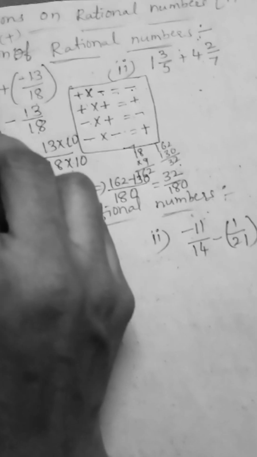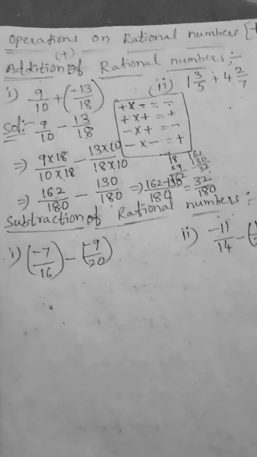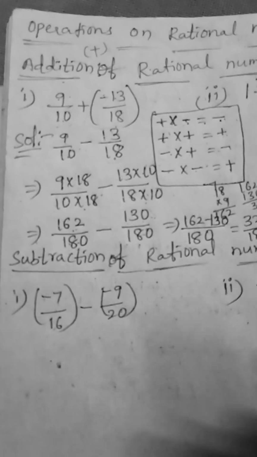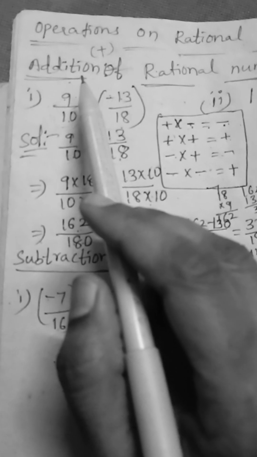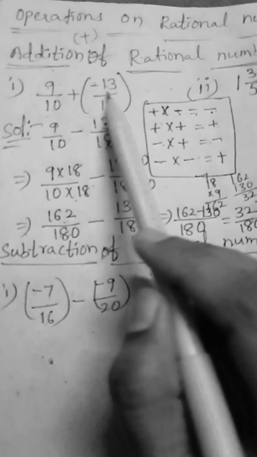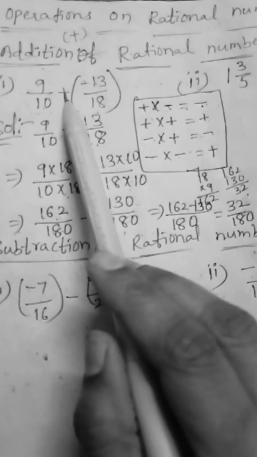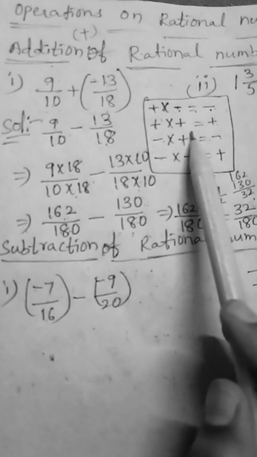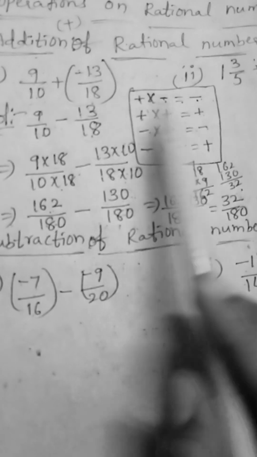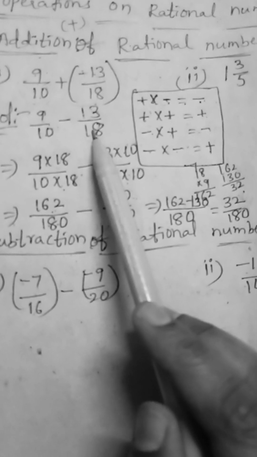Like this we have to do addition of rational numbers. Once again I am explaining addition of rational numbers. This is one fraction, a positive fraction, and this is a negative fraction. Now here we have to do plus into minus: minus 9 divided by 10 minus 13 divided by 18.